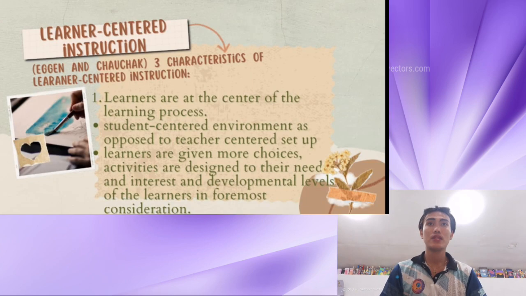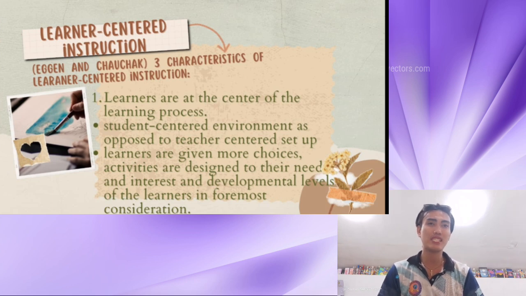First is the learner-centered instruction by Alexander and McCombs. The three characteristics of learner-centered instruction. First, learners are at the center of the learning process. When we talk about learner-centered, it is more on the learners.